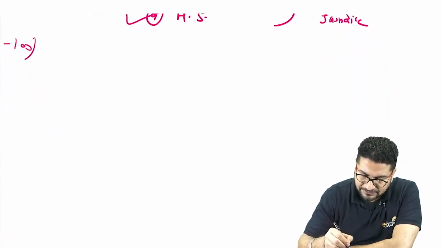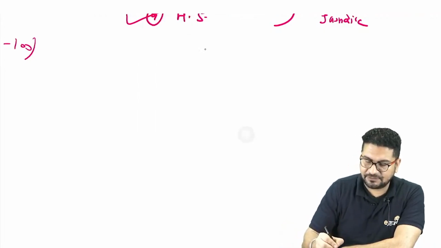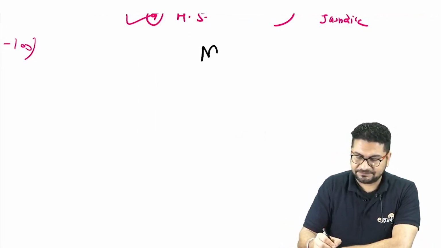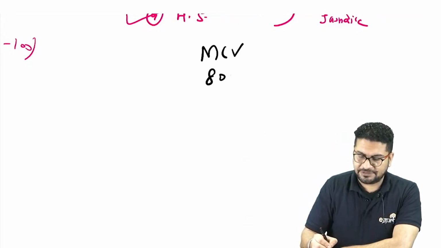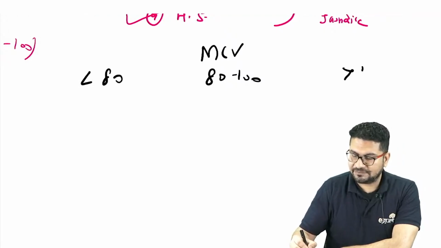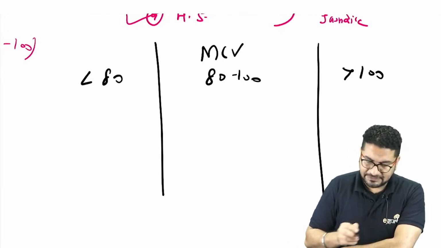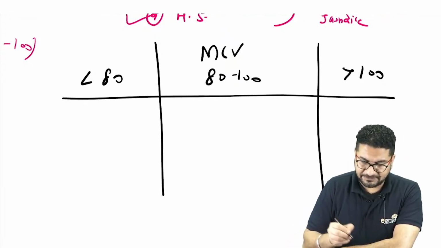I am drawing the classification once again. I told you we can divide anemia based on MCV. The normal value is 80 to 100. MCV can be less than 80, or MCV can be more than 100. If less than 80, it means microcytic hypochromic anemia.